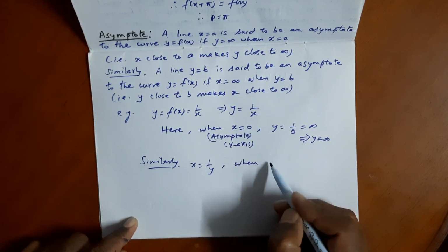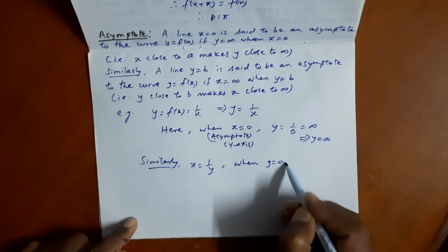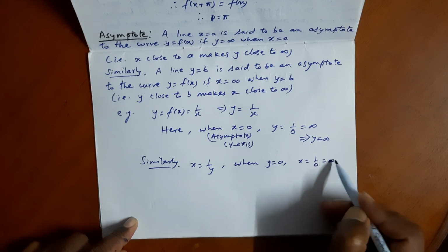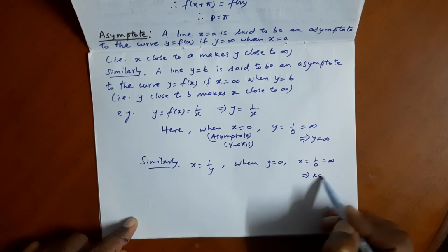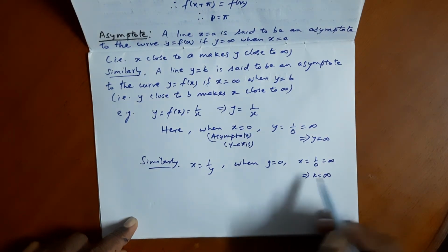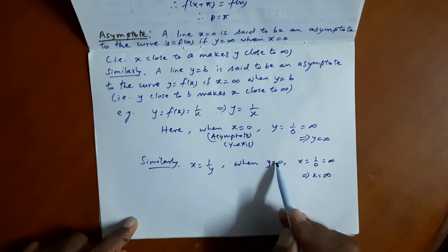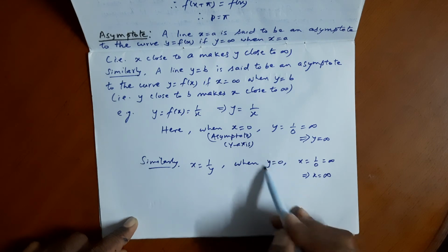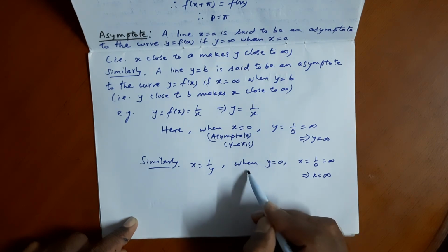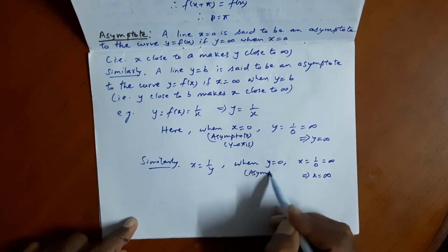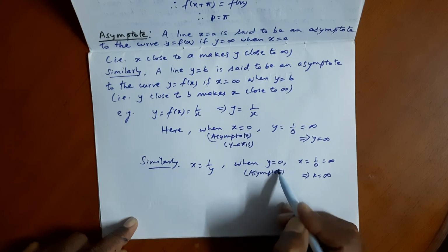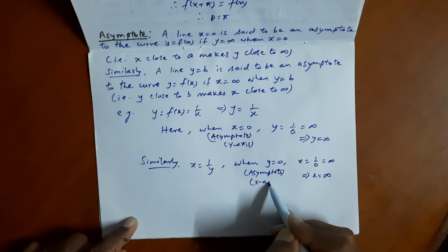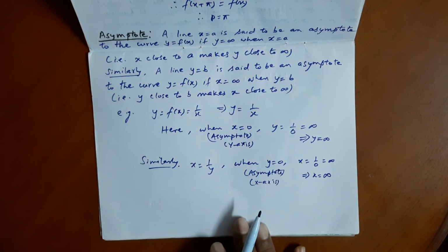When y equals 0, x will be 1 over 0, which is infinity. That means x equals infinity when y equals 0. When one variable has a finite value, the other variable's value is infinity, and this gives us an asymptote. y equal to 0 is the asymptote, and y equal to 0 means it is the x-axis. So the x-axis is the asymptote.